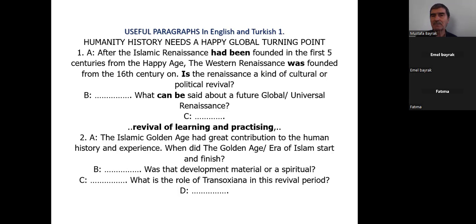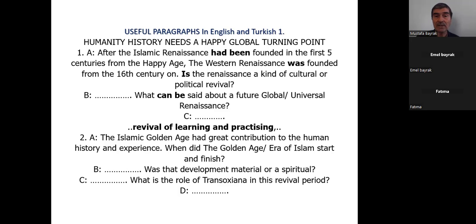Yes. What can be said about the future global or universal Renaissance? Yes, of course, global Renaissance will be on the fields of all aspects of life, and maybe it will be a revival of learning and practicing and applying, learning and applying in all the areas of life.